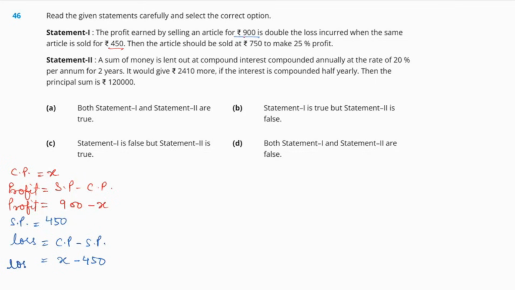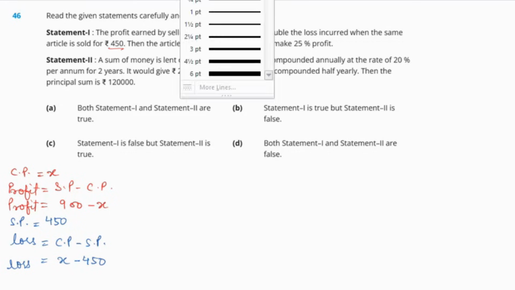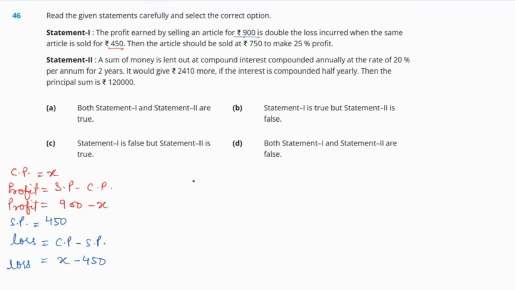The question has already given us one situation: the loss borne by the shopkeeper equals 2 times the profit. So if we make the equation out of that, we are getting 900 minus X is equal to 2 times X minus 450.